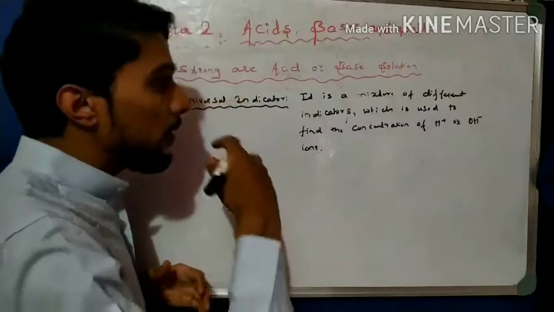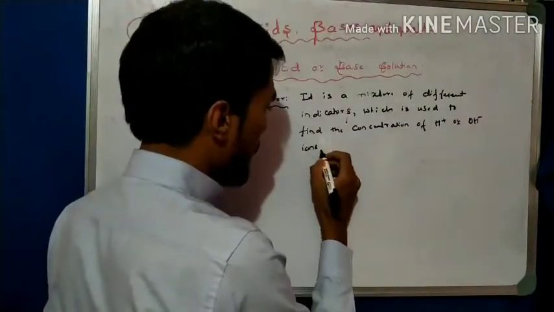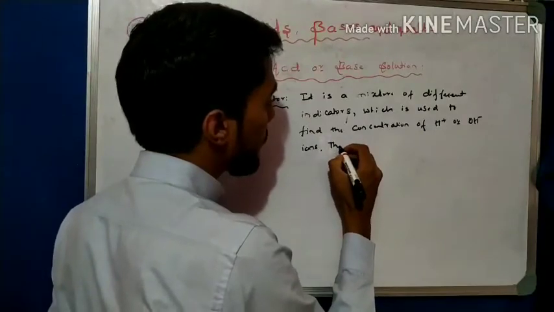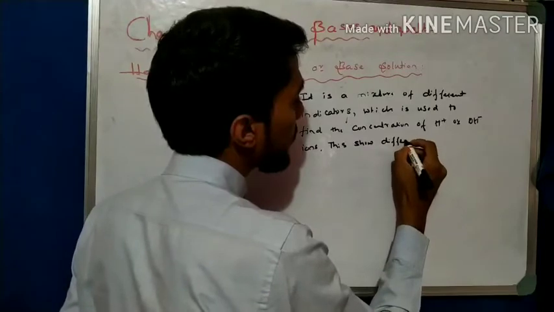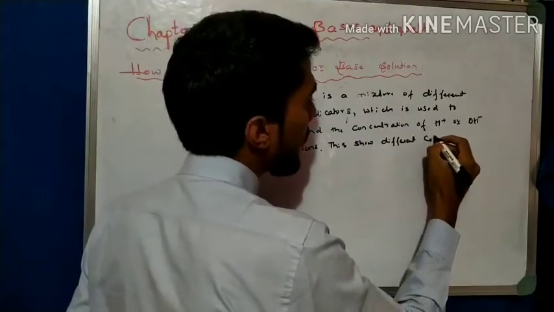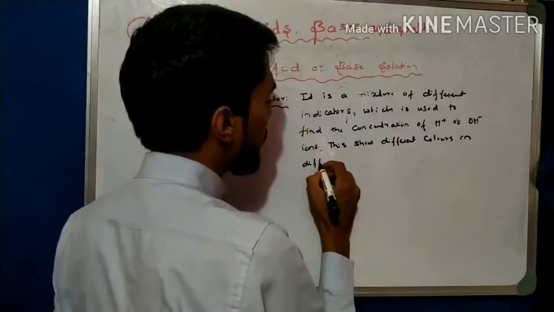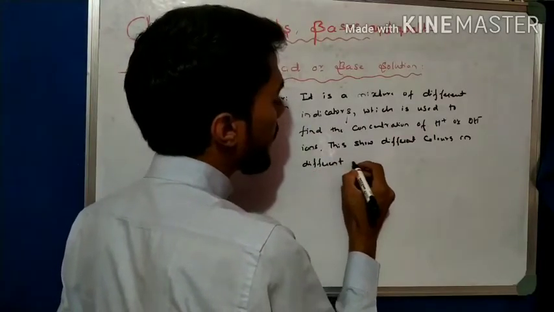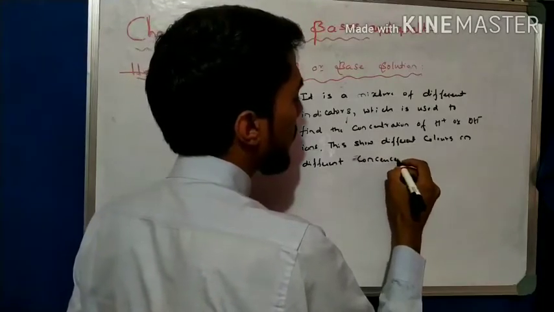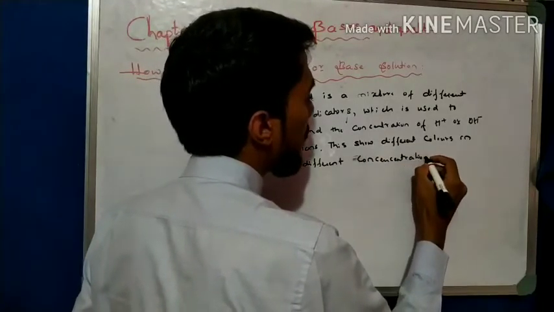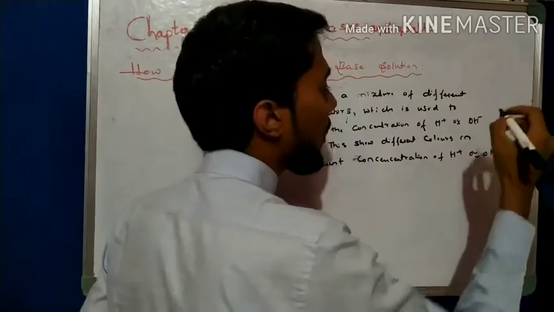Next, how is it helpful? It indicates by changing color. It shows different colors at different concentrations of H plus or OH minus ions.